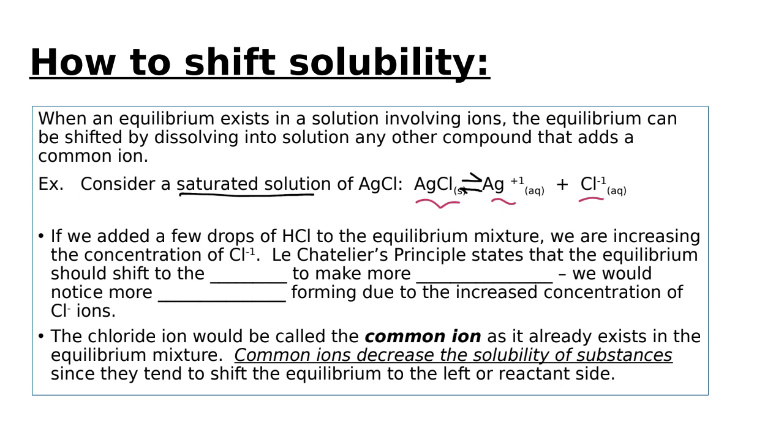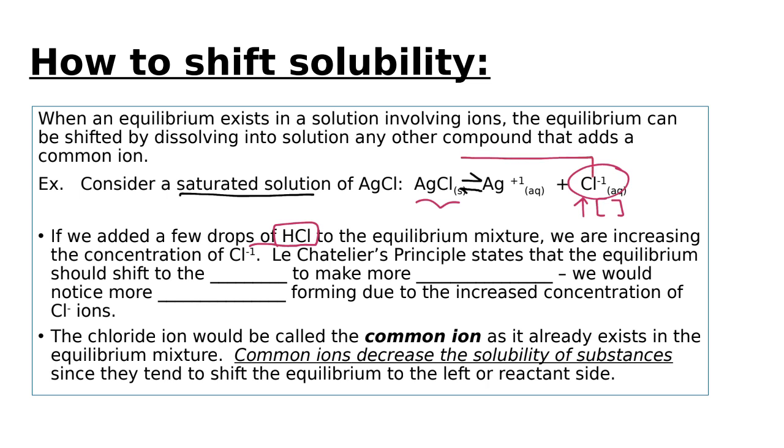So now let's add a common ion to the saturated solution. If we added a few drops of HCl to the equilibrium mixture, we would be increasing the concentration of chloride ions. So if we come over to our reaction itself, we can consider that we're going to be increasing this concentration of chloride ion. And we know, based on Le Chatelier's principle, that if I increase this concentration, the system wants to offset the stress.